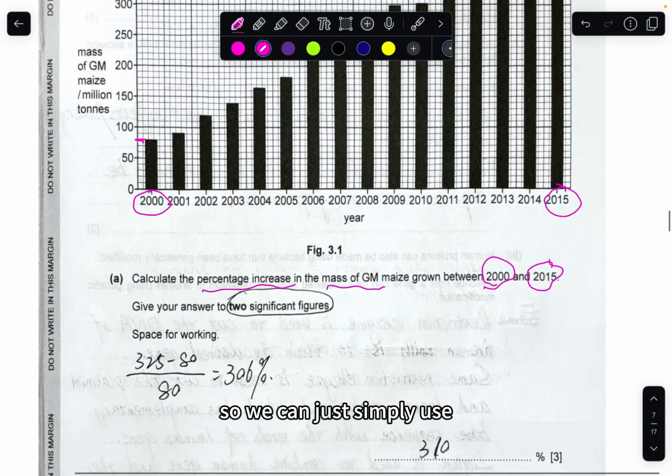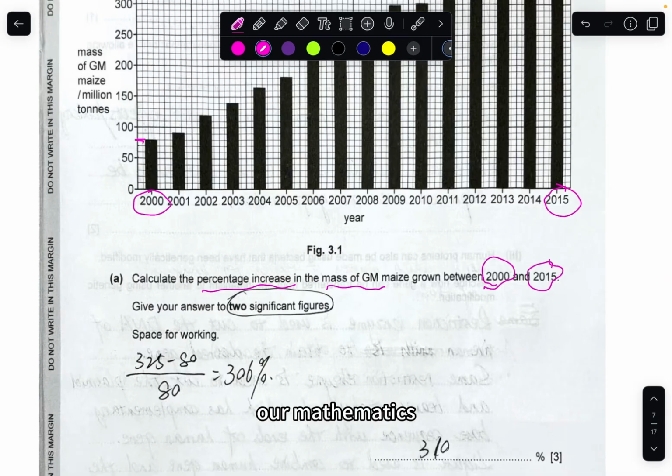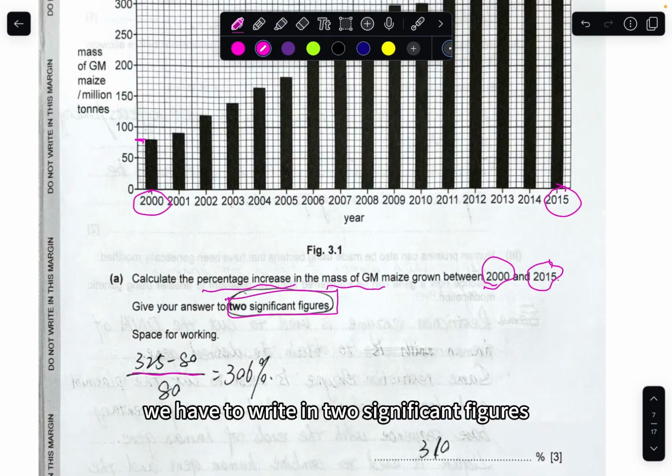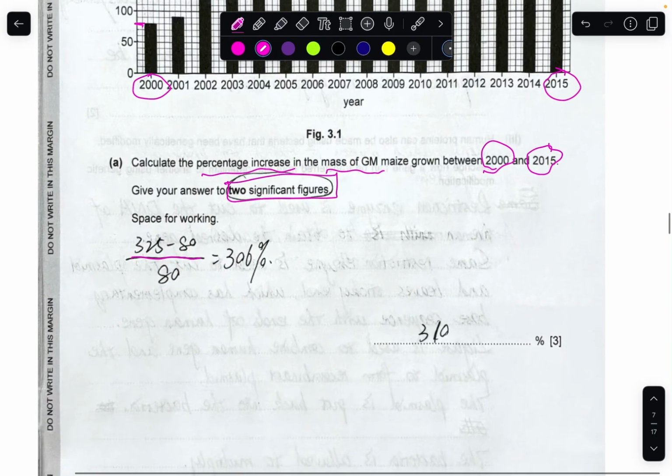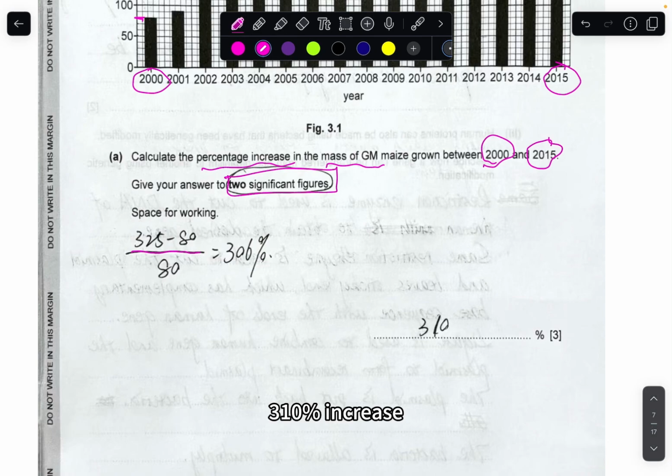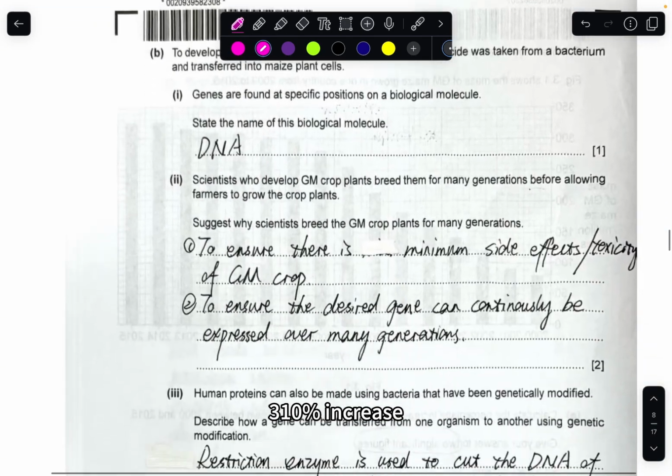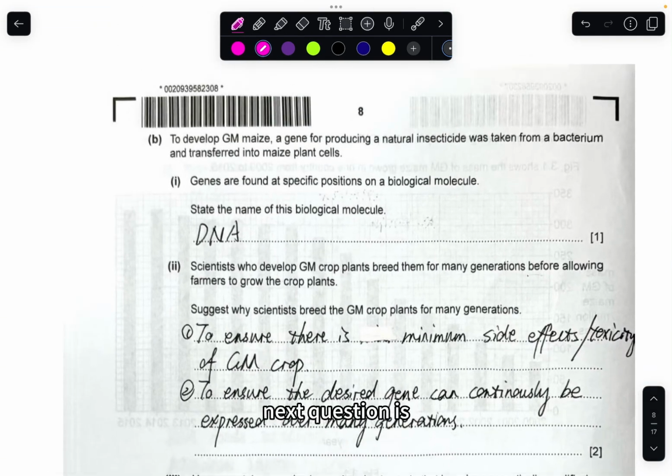So we can simply use our mathematics: 325 minus 80 divided by 80, that is 306. But the answer we have to write in two significant figures, so we must write 310% increase.